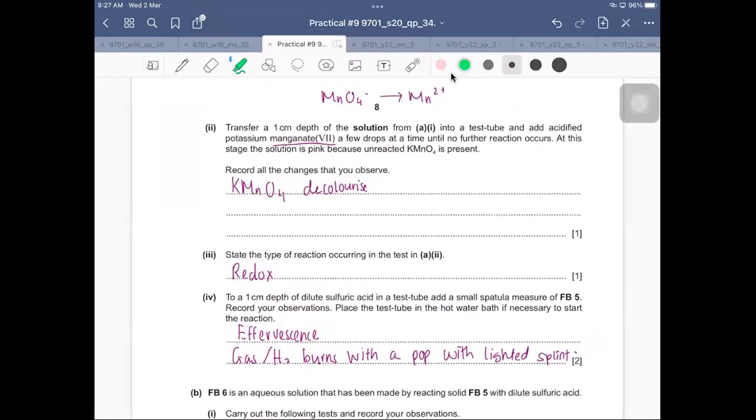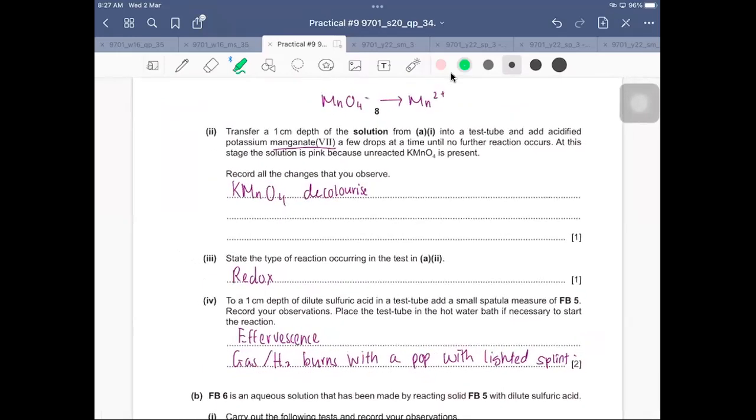Whenever you use potassium manganate, okay, please do not write down the solution turns purple. So you imagine you have a clear colorless solution. You add potassium manganate. When you add potassium manganate to the clear solution, what happens? Of course, it will turn purple, right?